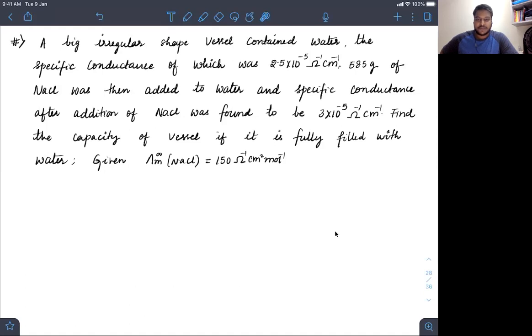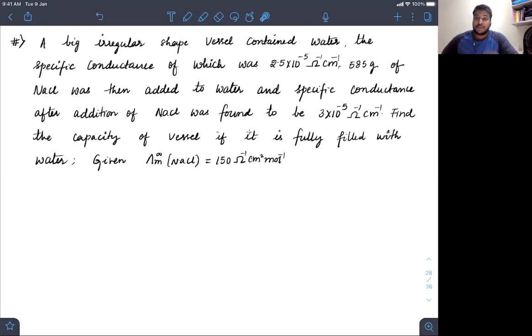Samarth, I think you know now what to do. Yes, sir. Others, whenever conductivity of water is given, always remove it from the total solution. So NaCl aqueous solution का आपको conductivity पता है, ओनली वाटर का कंडक्टिविटी पता है, तो remove the water conductivity from the aqueous solution of NaCl.